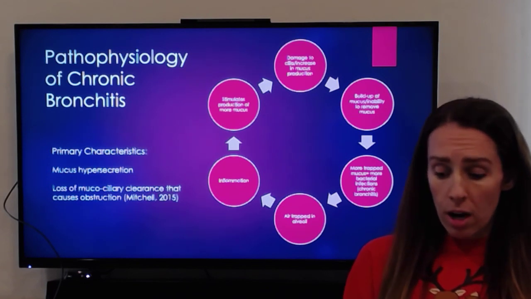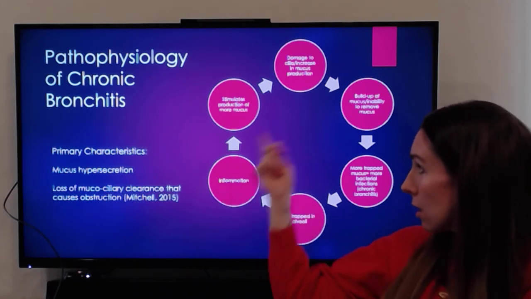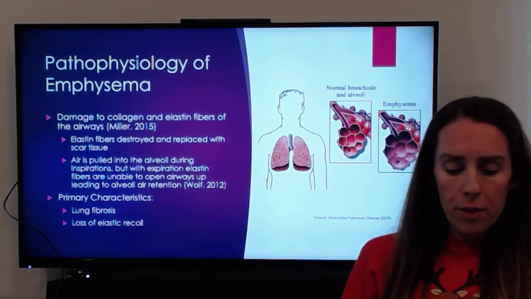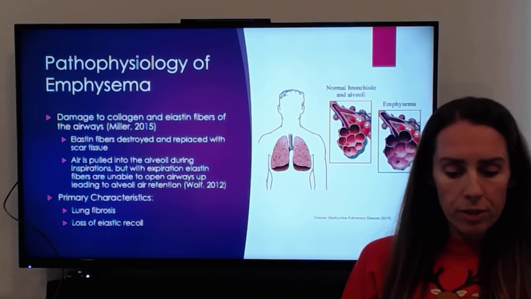Overall, inflammation in the airway is not a good thing. It's caused by a few things: by the alveoli stretching, by the increased mucus retention, and by the infection that tends to happen in the bronchioles. The inflammation leads to an increase in mucus production, and you can see it keeps going around in a circle.